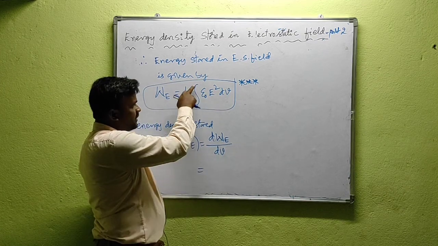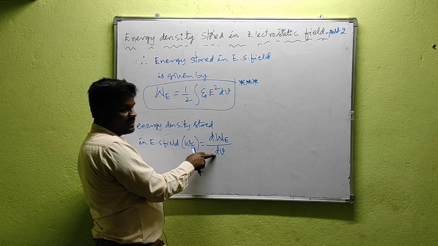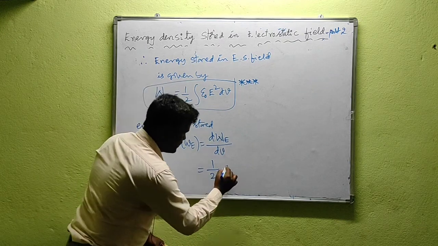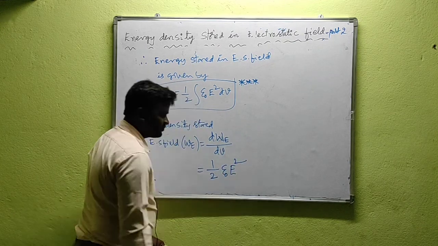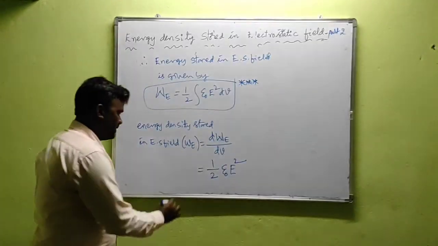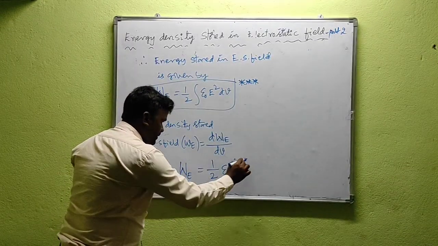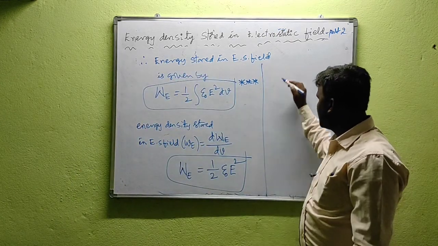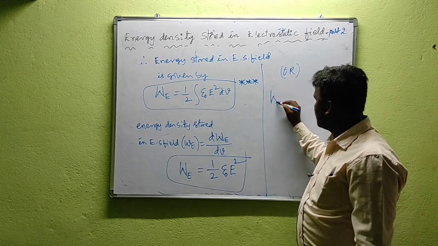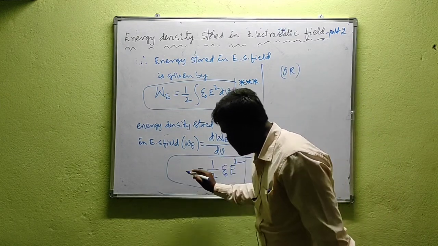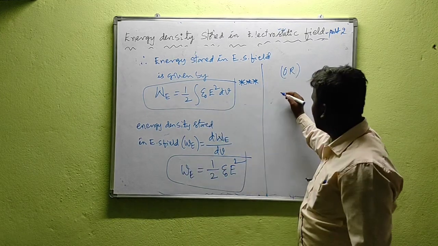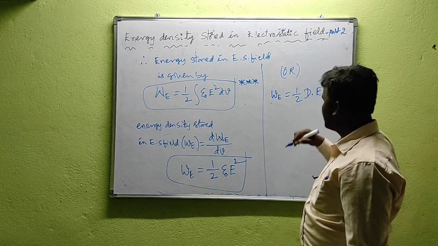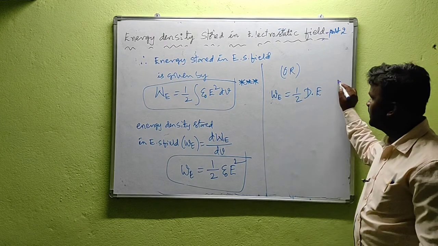Here is integration with respect to volume, and here I apply differentiation with respect to volume, so integration and differentiation cancel out. Finally, I will get 1 by 2 epsilon naught E square. That is the energy density stored in the electrostatic field, or else this can be written as small WE equal to 1 by 2 D dot E. Clear?